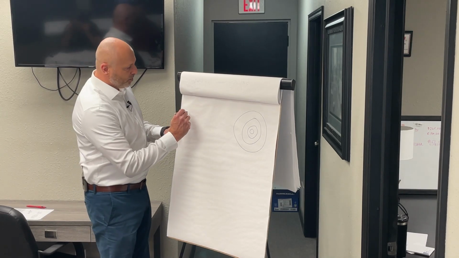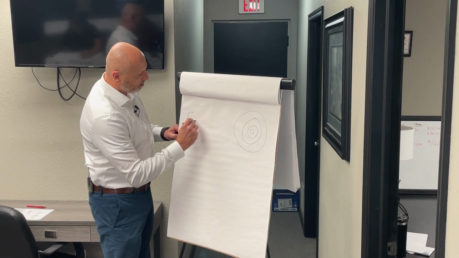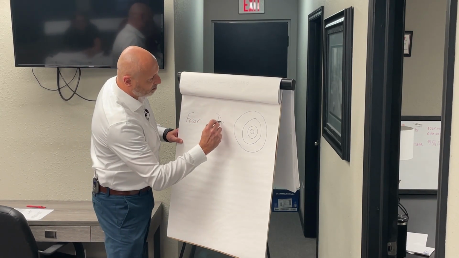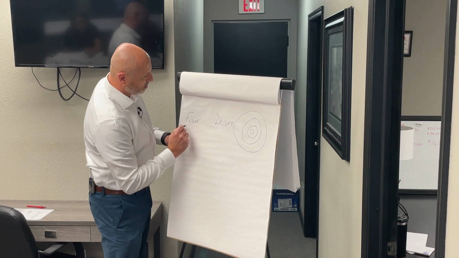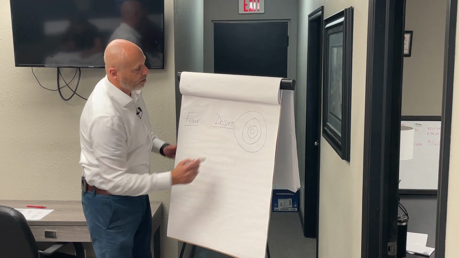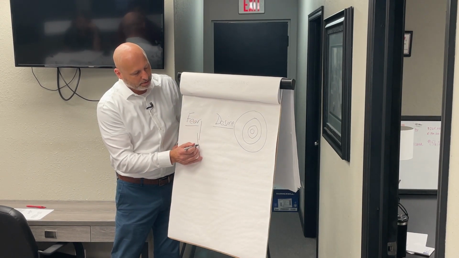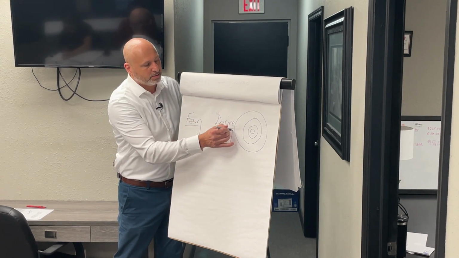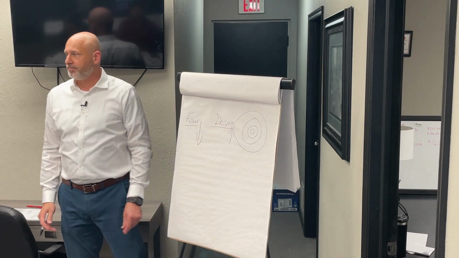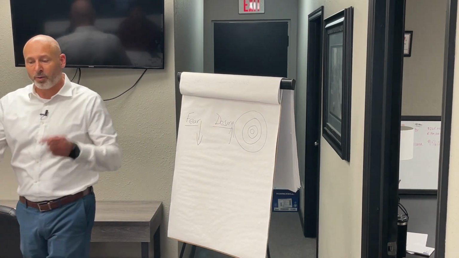So you have fear and desire. You want fear to go down and desire to go up. That's why you want to work it like a teeter-totter.